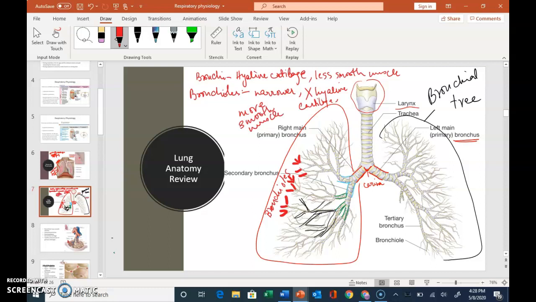And why is this smooth muscle really important in case of the bronchioles? Well, think about it. Listen carefully: these smooth muscles that wrap around the bronchioles help in the process of bronchoconstriction and bronchodilation.